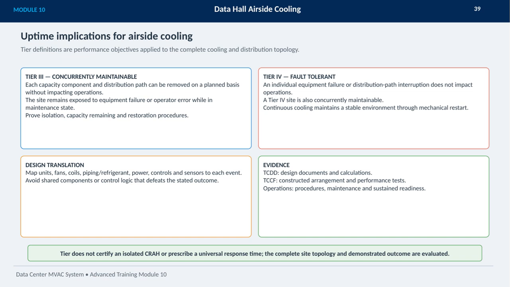Evidence of compliance includes design documents, constructed arrangements, performance tests, and operational procedures that demonstrate sustained readiness. Remember, the tier classification evaluates the entire site topology and actual outcomes, not just isolated equipment or universal response times.